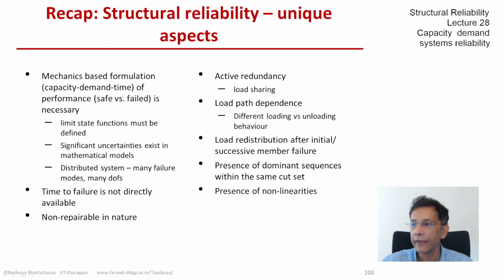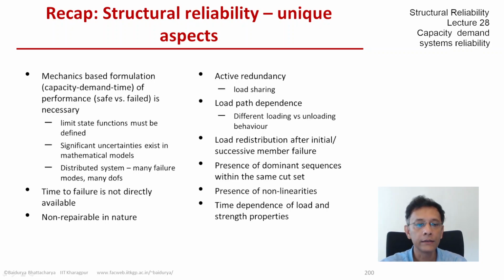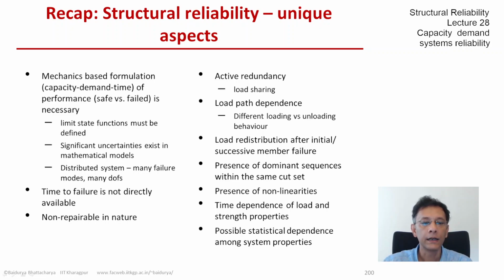And near failure, our structures start behaving in a nonlinear manner. The material starts behaving in a nonlinear manner. All of these things coming together, including all the randomnesses involved, bring in several challenges and interesting aspects to this particular branch of reliability, which is structural reliability, and in particular structural systems reliability.